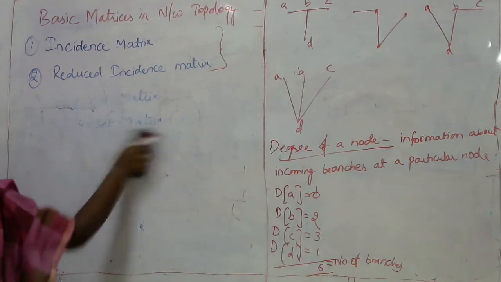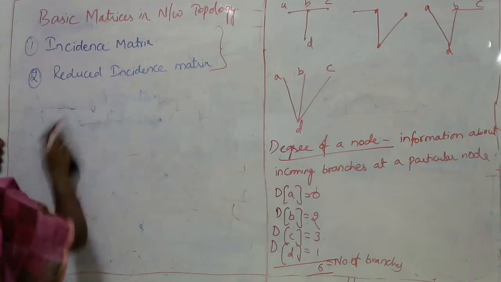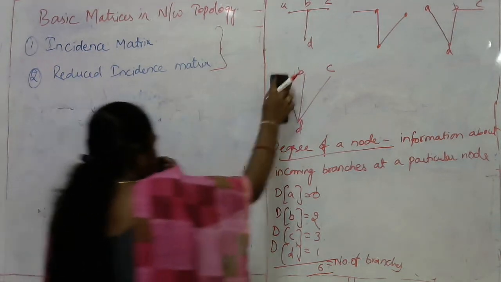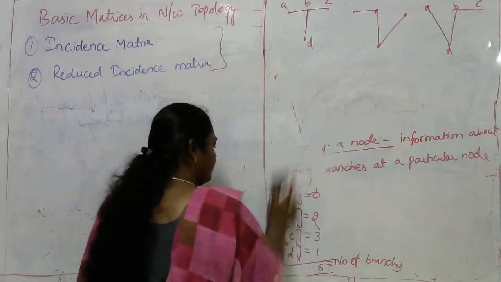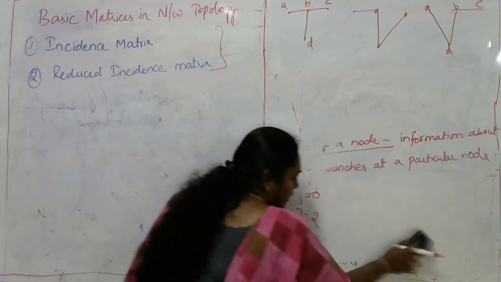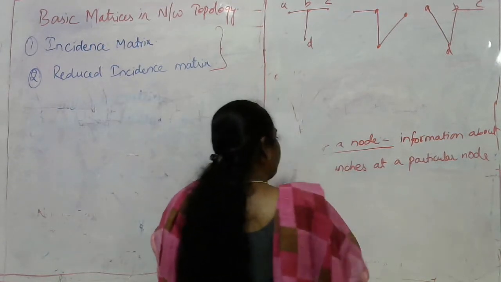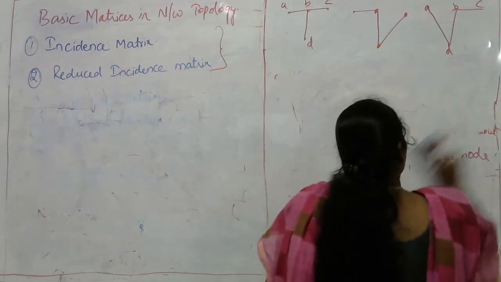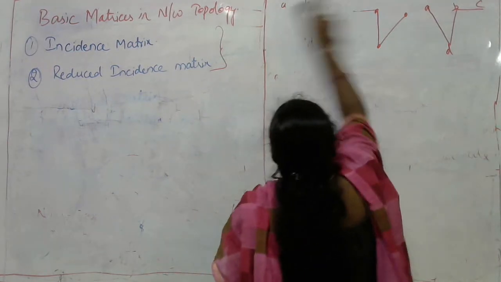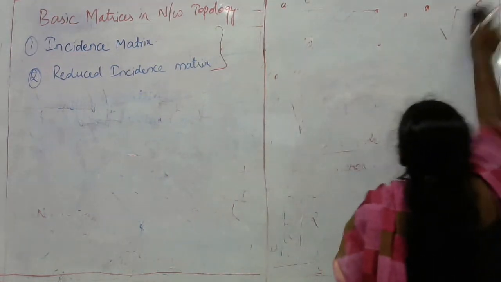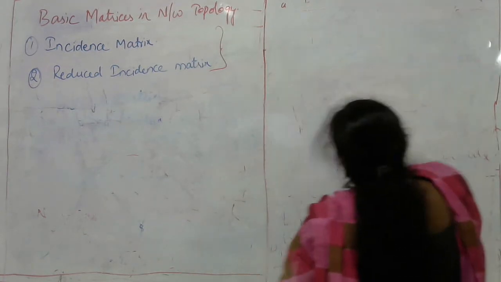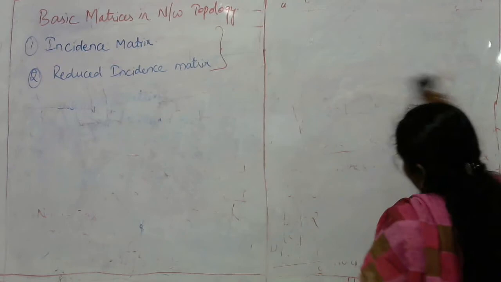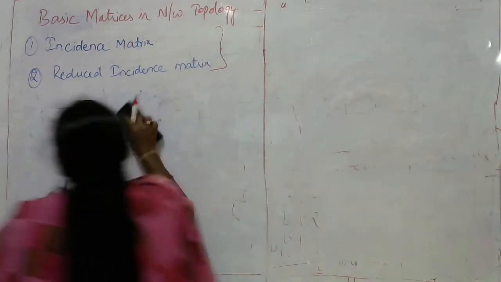That graph may be either a complete graph or an incomplete graph. Whatever the graph may be, to find the number of possible trees in a graph, we use the incidence matrix as well as the reduced incidence matrix.